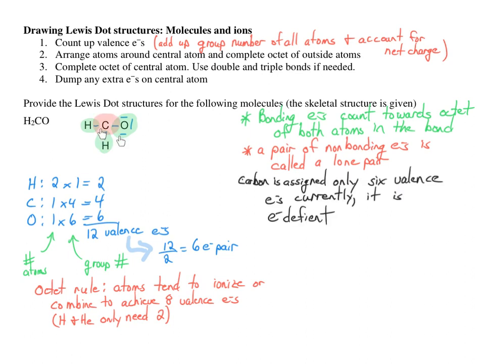So if we look at the carbon atom, it has only 3 pairs of bonding electrons assigned to it currently. Therefore, it has 2, 4, 6 out of the 8 valence electrons it needs. And that's why it is called electron deficient. We're going to go to the next slide to see how this is going to be handled.